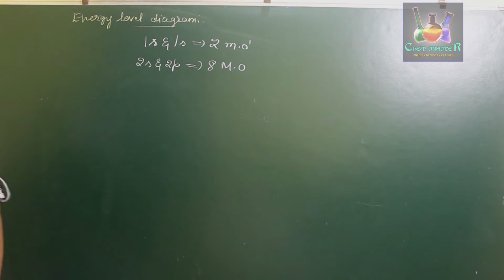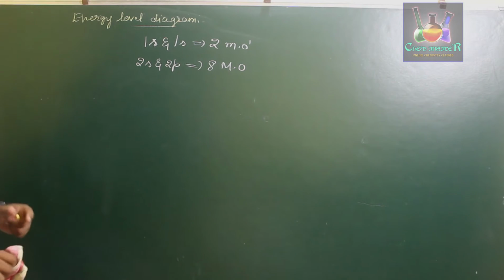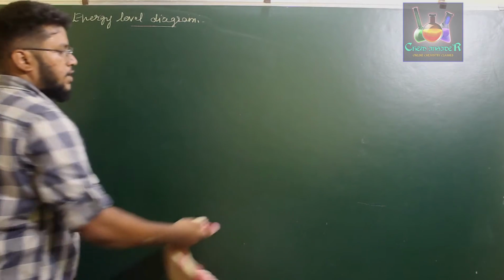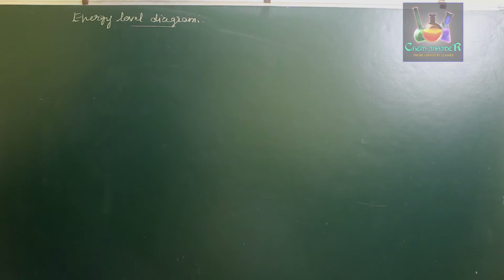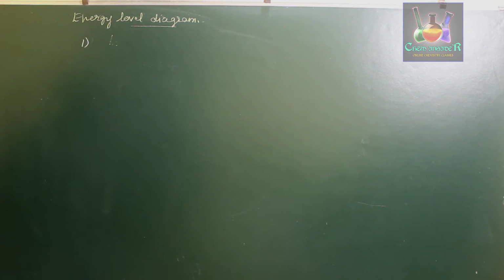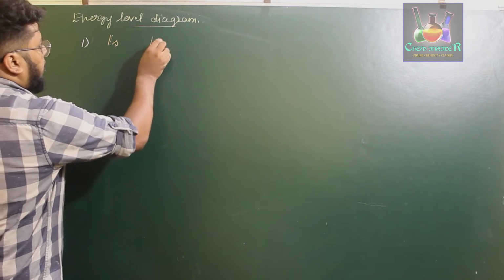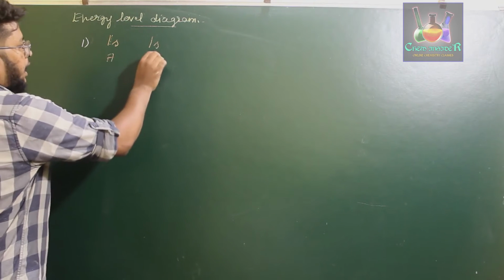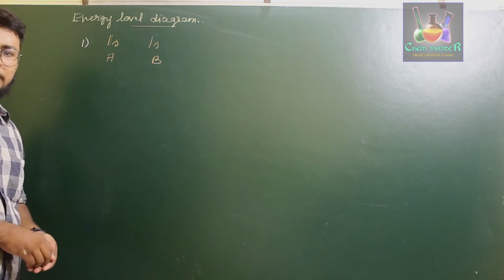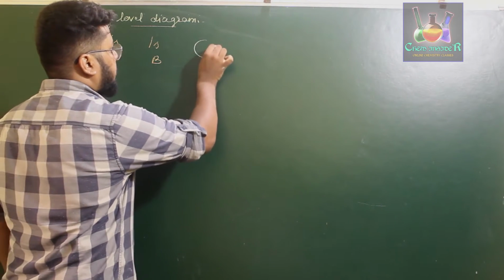So now let us discuss the formation of these molecular orbitals and their energy, how to draw their energy level diagram. For that, let us start with the first one, the 1s molecular orbitals. Let us consider a certain basic one, 1s orbitals. If we consider the 1s orbital of one atom and the 1s orbital of the other atom, let us say atom A and atom B, the 1s orbital of atom A and the 1s orbital of atom B. What we know is that an s orbital will always be spherical in nature, right?